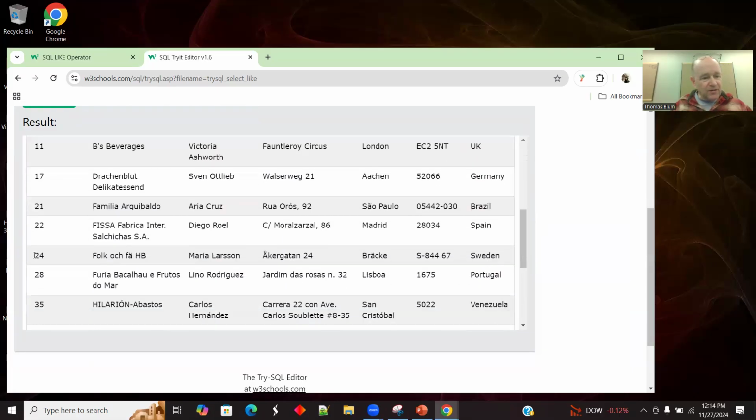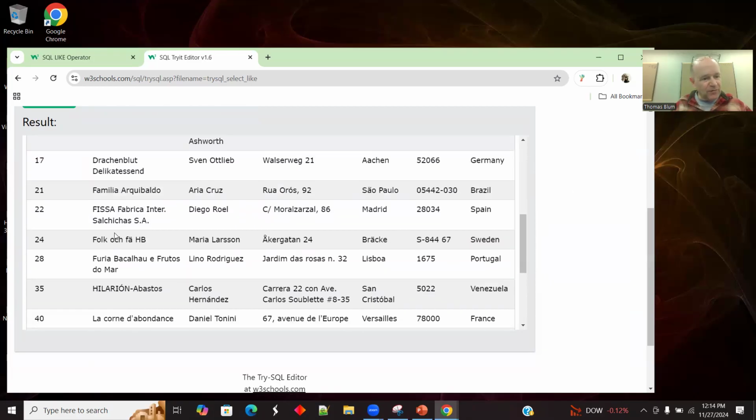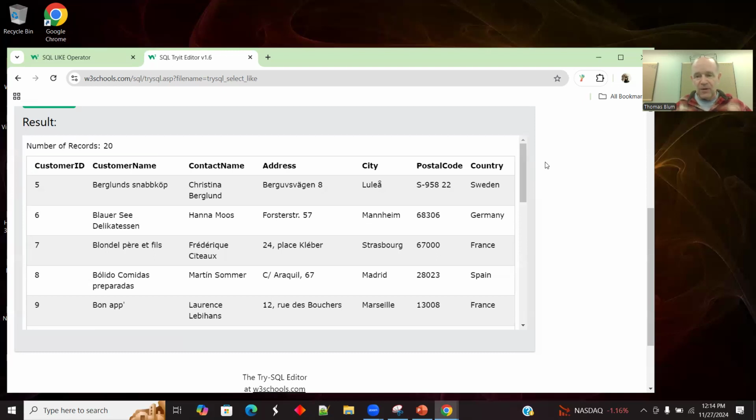We have the 24, the thing that ends in a B. We have things that have B's in the middle. We have our things with B's at the beginning. So we seem to have B's all around.